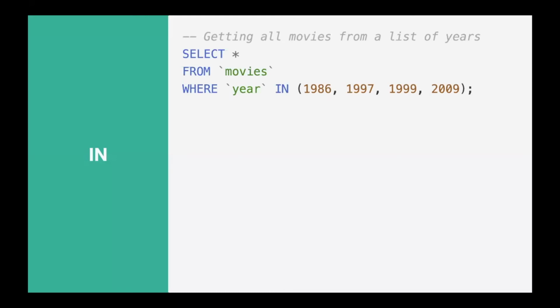Could we use in for strings, certain strings? Yes, you can. Again, you'd be looking for specific strings. Say, for example, if we had a column that was colors and you knew exactly which colors you were looking for, then yeah, you could do that with strings.